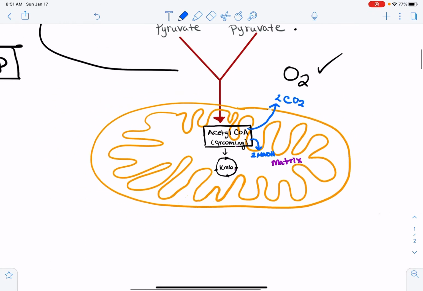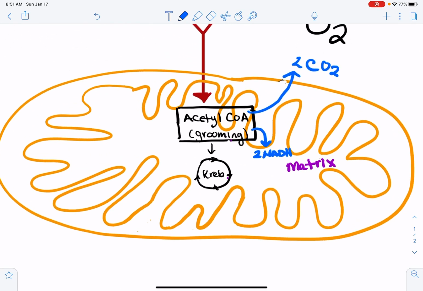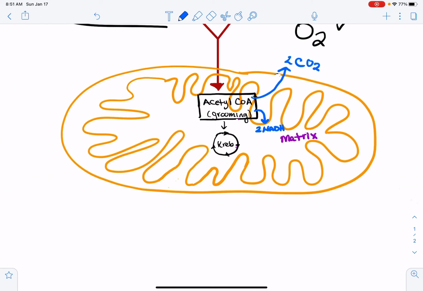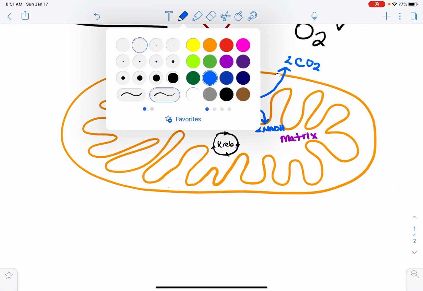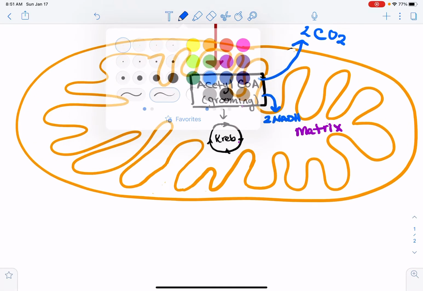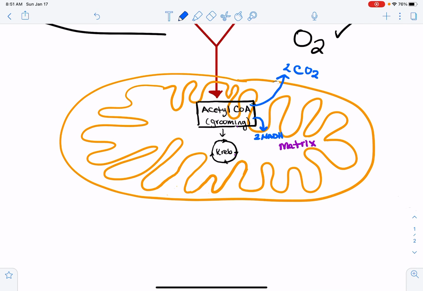Now that my 2 pyruvate have been groomed, they will enter into the Krebs cycle. In the Krebs cycle, I am going to produce 6 NADH that is going to go directly to the electron transport chain, and I'm also going to produce 2 FADH2 that goes directly to the electron transport chain.